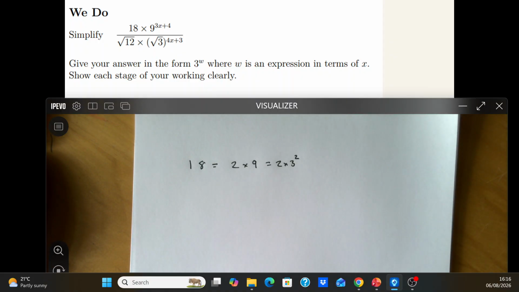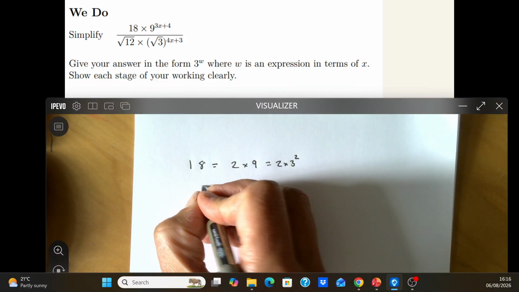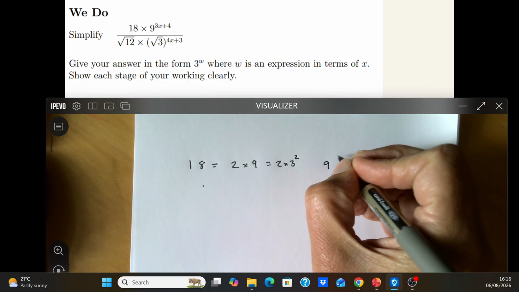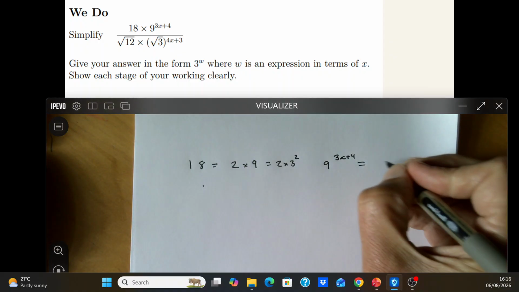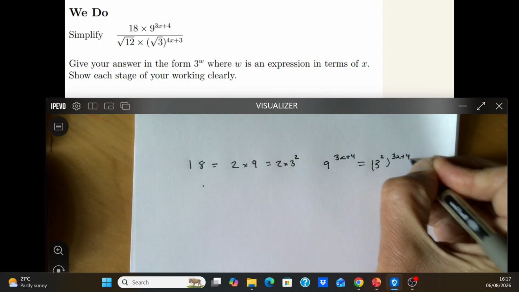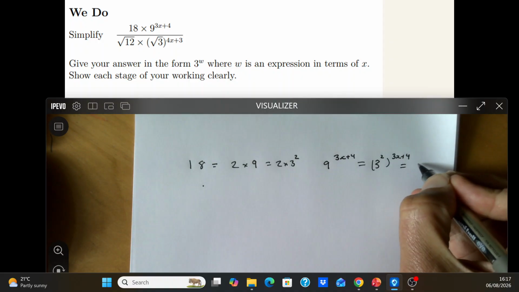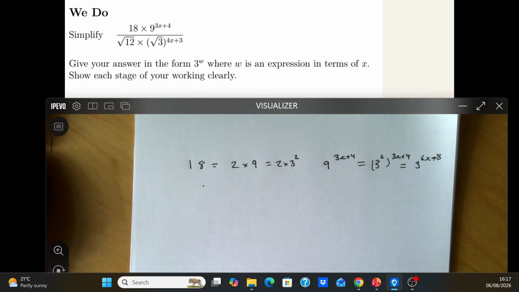What do you know? I'm just going to go down the page. I keep going across. 9 to the 3x plus 4 can be written as a power of 3. What can you do with that? Done that.